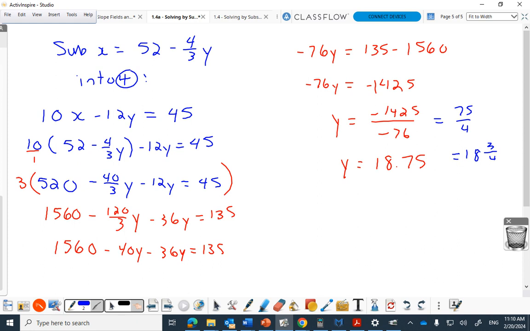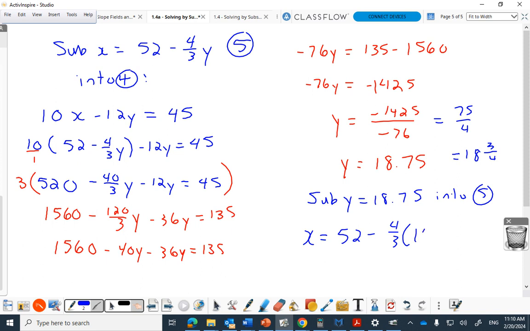This question ends up by going sub y equals 18.75 into 5. And since we've already gone to decimals anyways, I'll finish it off with decimals just to try to reduce your fear a little bit about this mess. I'll type that in, 52 minus 4/3 of 18.75.